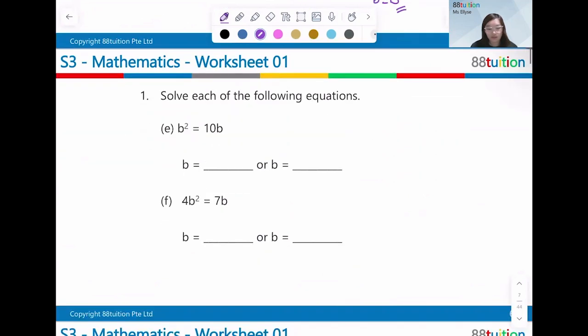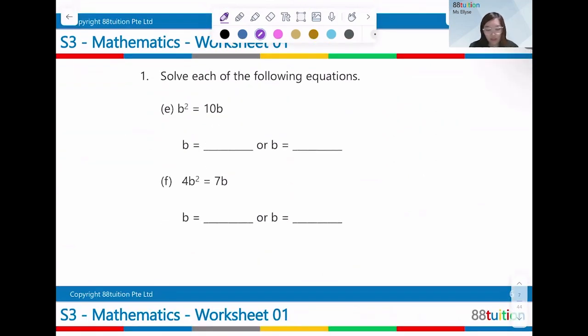Okay, moving on. For part E, you'll find this. Now you see that the 10b is on the other side. So most of the students will think, oh, I can just divide by b, so I'll just get b equal 10. No, actually you cannot. This method is wrong, because if you do this, you are removing one of the answers.